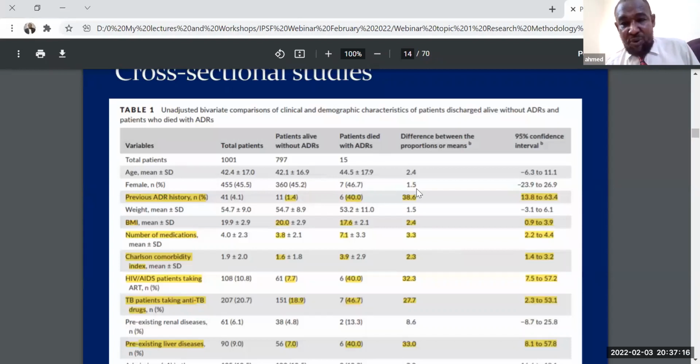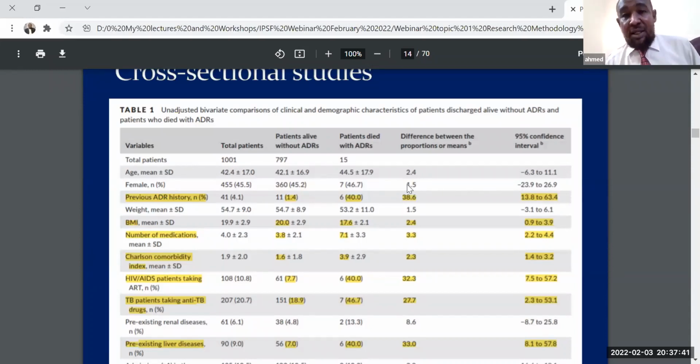The difference is 1.5. But the confidence interval is minus 23.9 to 26.9. We see the lower limit is on the negative side, while the upper limit is on the positive side. So this confidence interval includes zero, and this indicates that this difference is not significant.